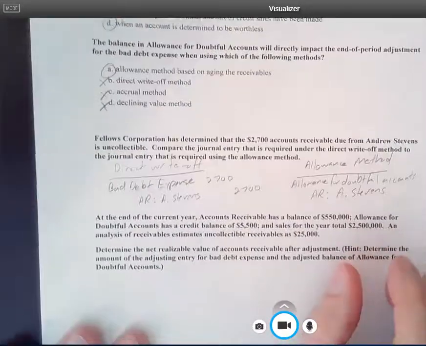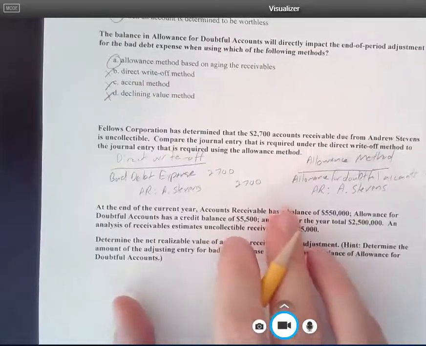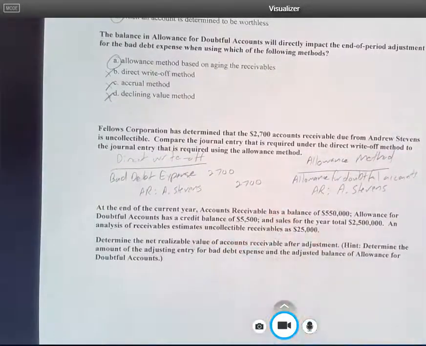All right, what's this last one here? Says at the end of the current year, accounts receivable has a balance of $550,000. Allowance for doubtful accounts has a credit balance of $5,500, and sales for the year total $2.5 million.